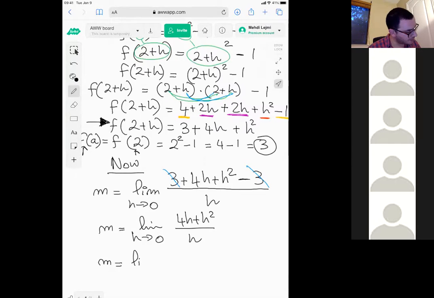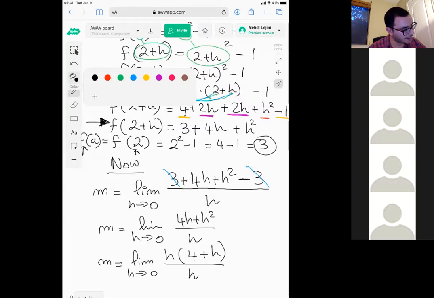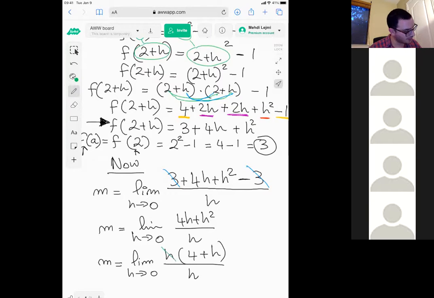That's h times 4, which is 4h, and then h squared gives h times h, all over h. Now I can cancel out the h in the top with the h in the bottom.